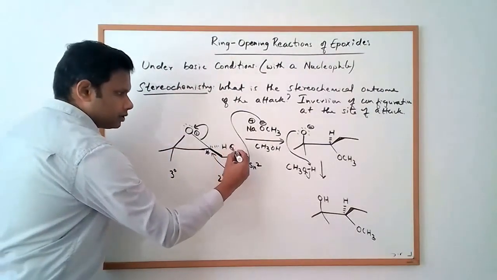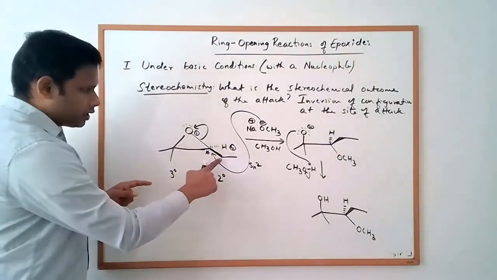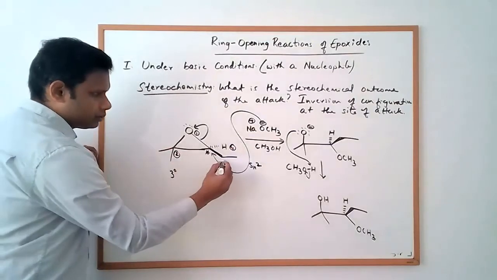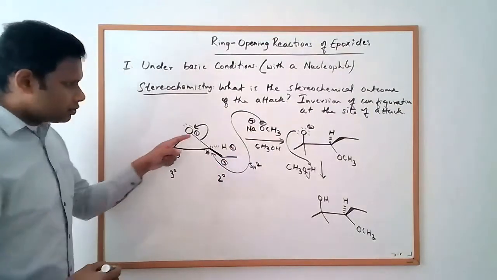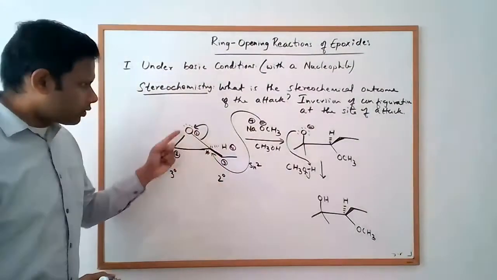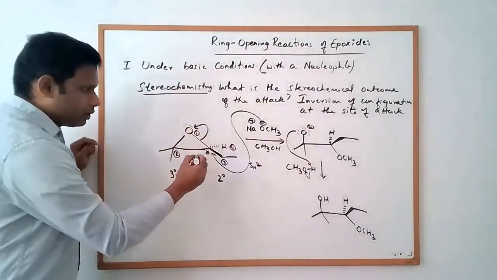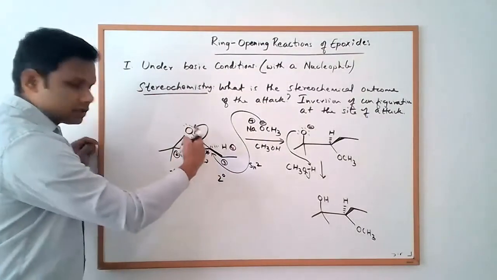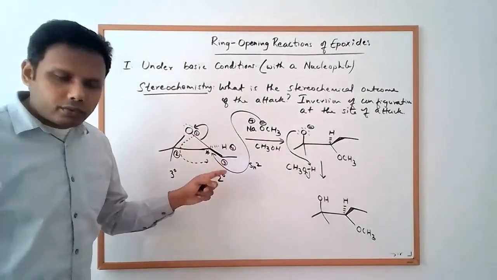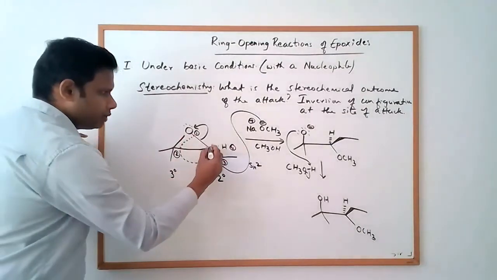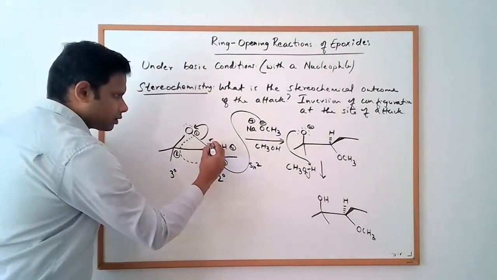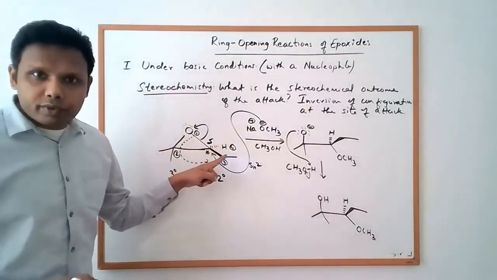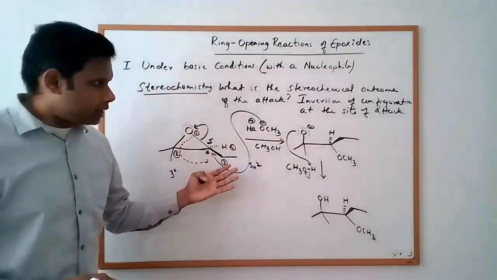The hydrogen is 4, and then we have this carbon and this carbon, so this will be 2 and this will be 3. Going from 1 to 2 to 3 is a counterclockwise rotation, which means the configuration of this carbon was S, and the lowest priority group is on the dash.